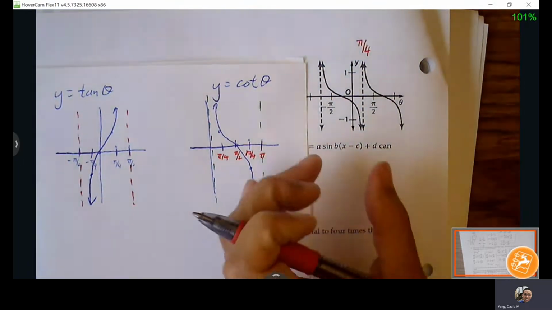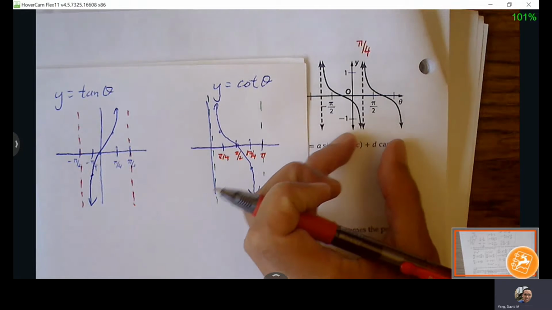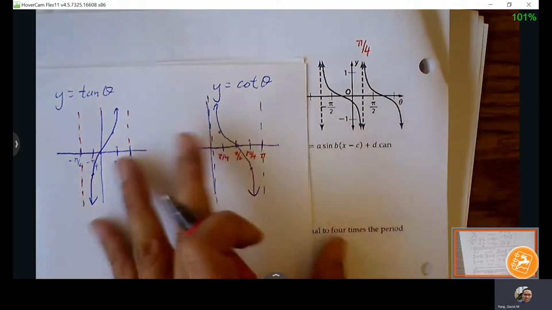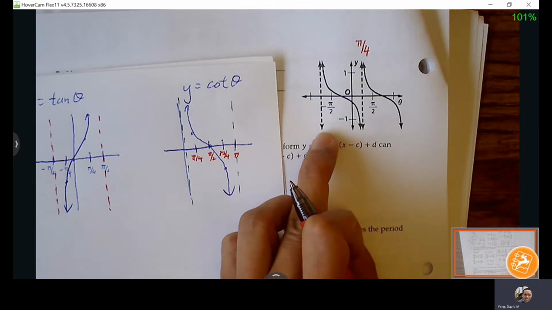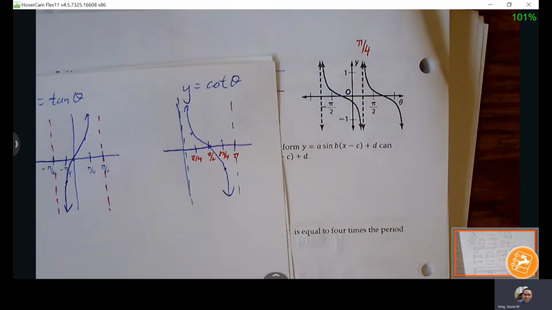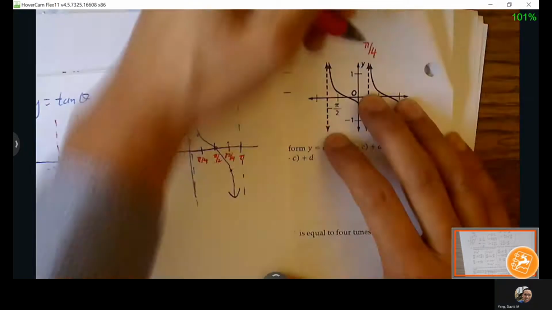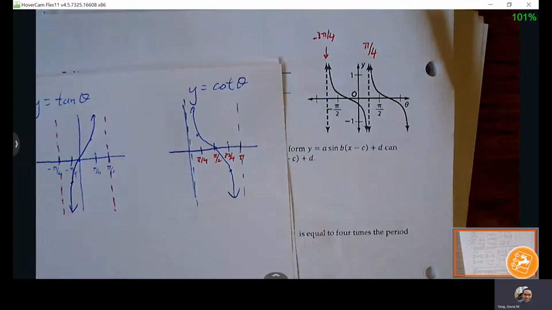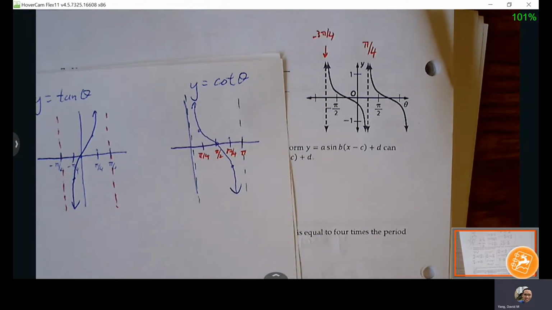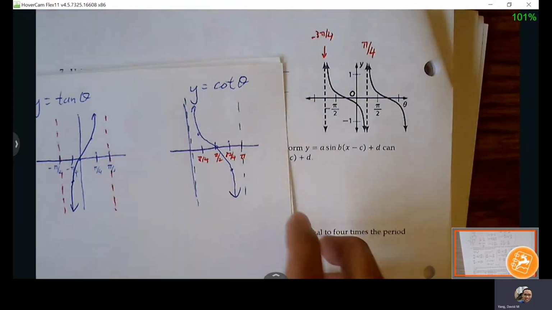Now, it's still able to complete its cycle within 1 pi, because this over here, you guys were saying, is -3π/4. Okay, so it is still the same B value.